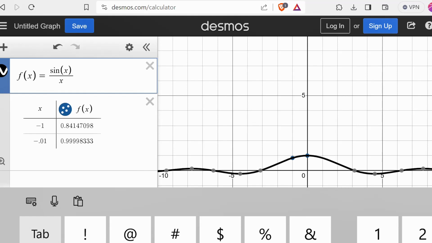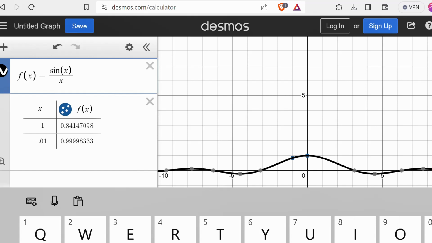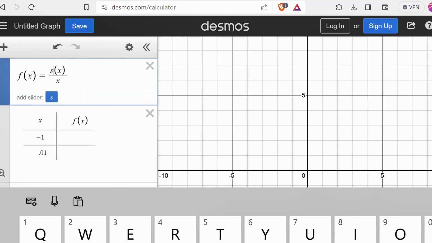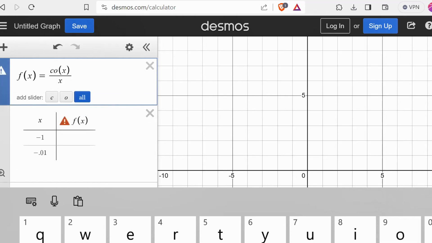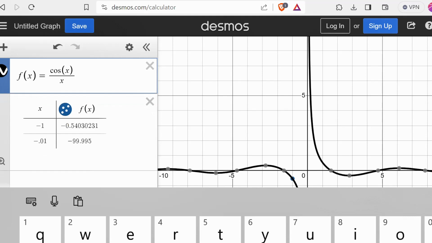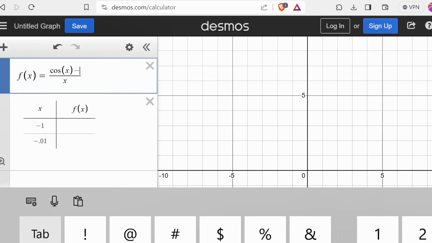Good. Now let's go ahead and change that to cosine. Okay, there's cosine. And then not only do we want a cosine, we want, whoops, minus 1.